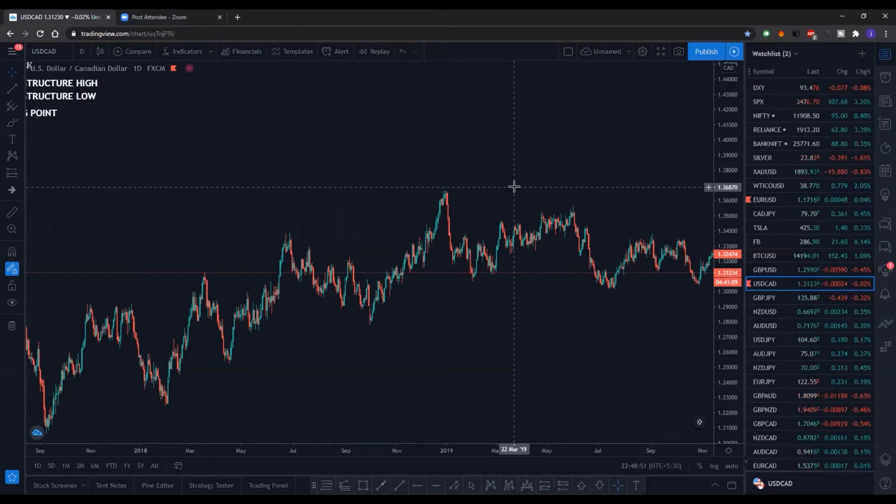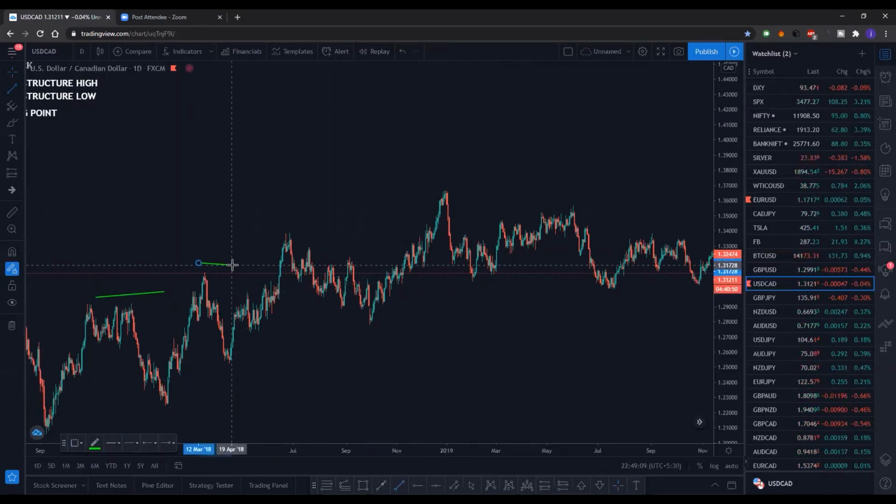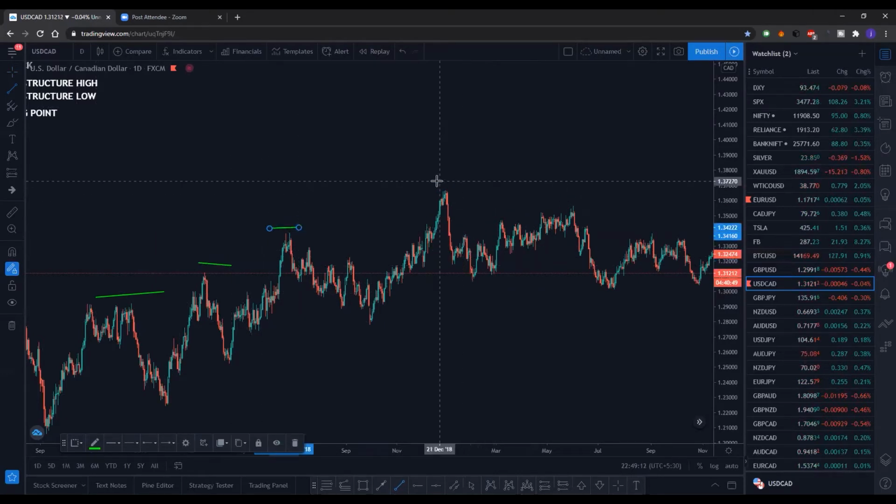If I ask any of the students or anybody in general who is trading what trend this is or how do you identify the trend, they'll be easily able to tell. Reason being, they'll say that if the highs are getting higher and higher, it's in an uptrend, or if the lows are getting higher and higher, it's in an uptrend.